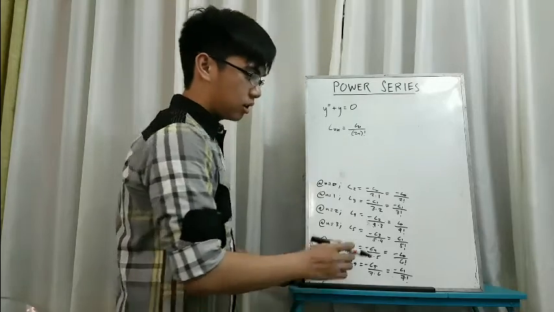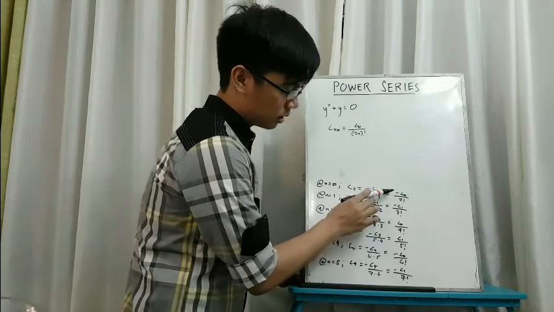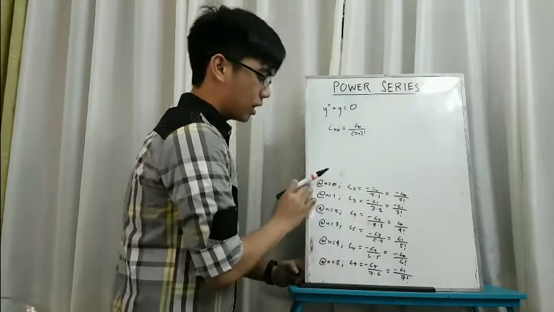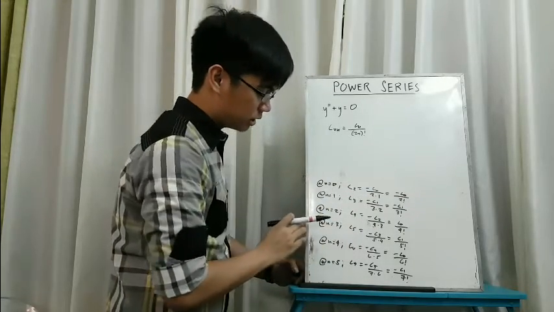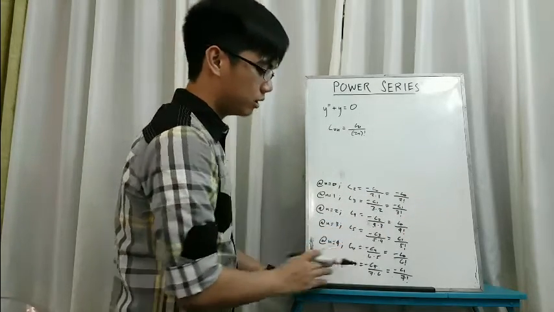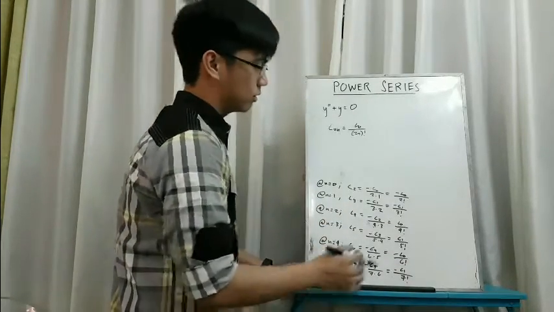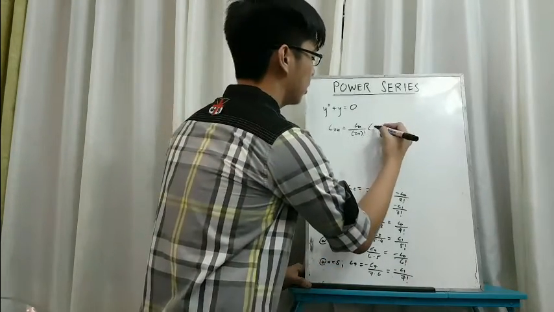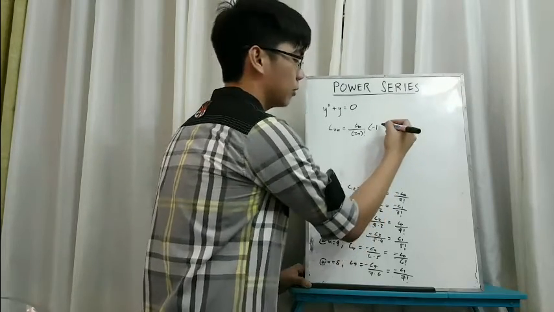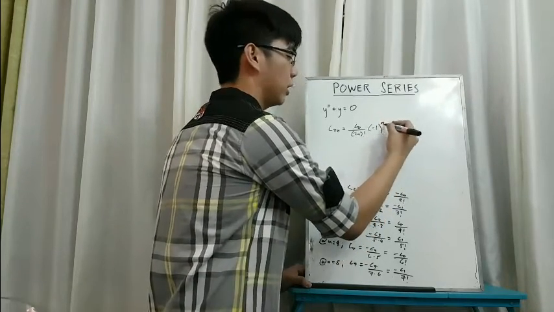Another thing, look at the sign. It is also alternating. At n is equal to 0, it is negative. At n is equal to 2, it is positive, negative, then positive. So you can represent it by multiplying by negative 1 raised to n.